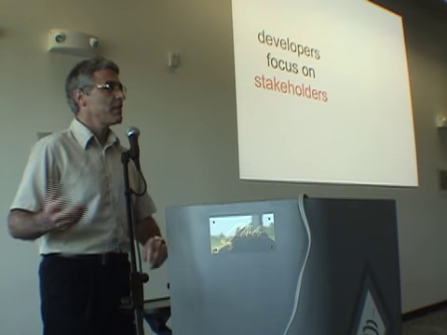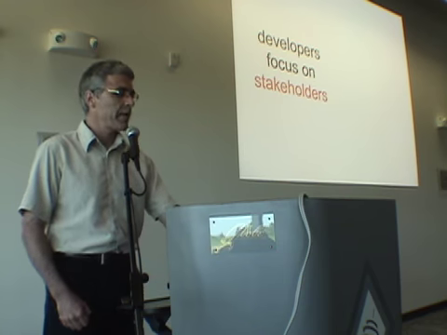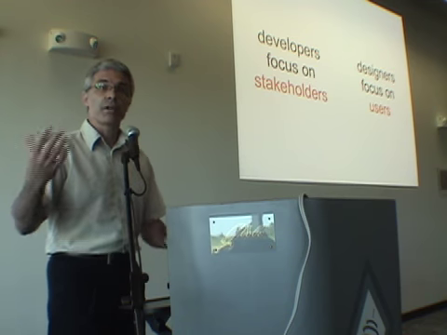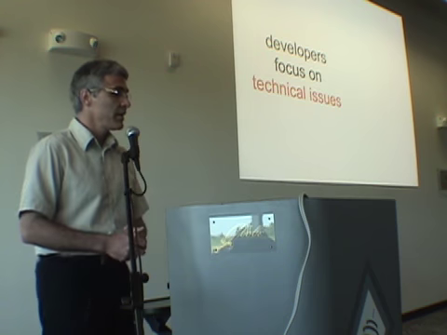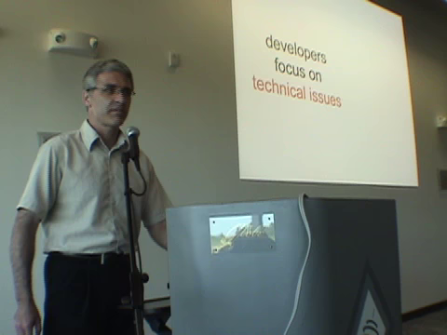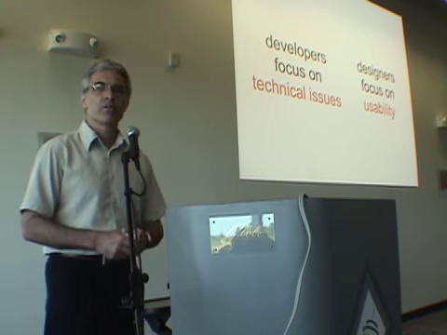Agile teams tend to focus on the stakeholders within the business, the people with the money. Interaction designers tend to focus on the end users, the people who actually use the software. Developers focus on technical issues, reusable code, test coverage, and so on and so forth. Designers focus on usability.